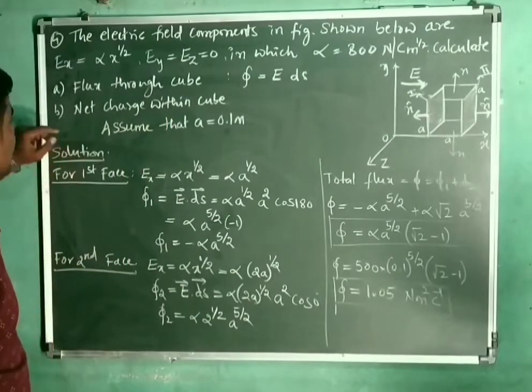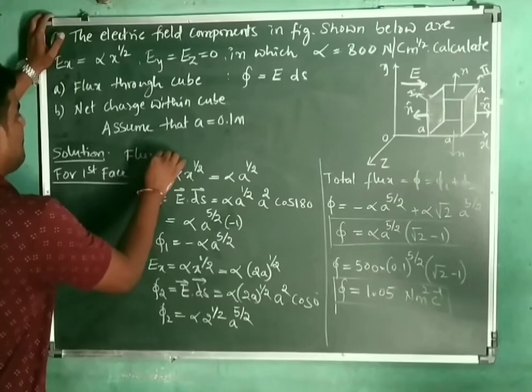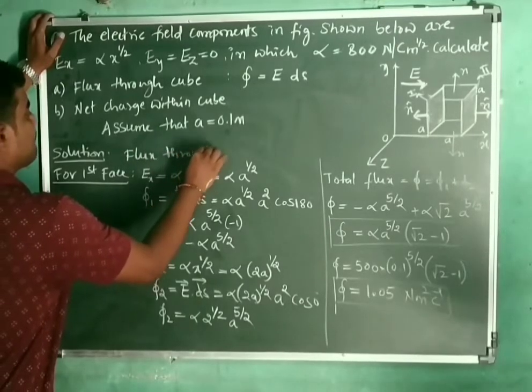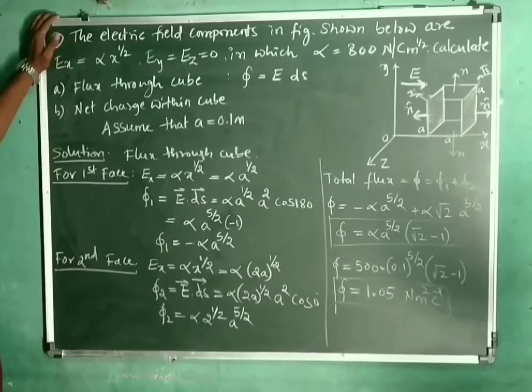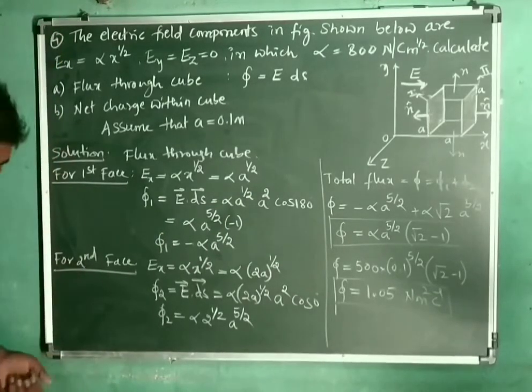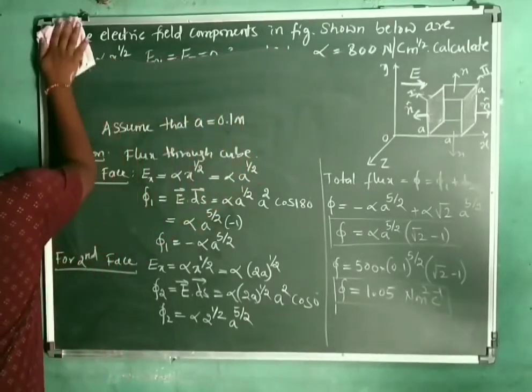This was the first calculation, flux through the cube, you can note it down. For the second calculation, I will wash this.